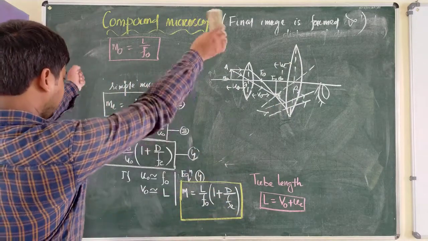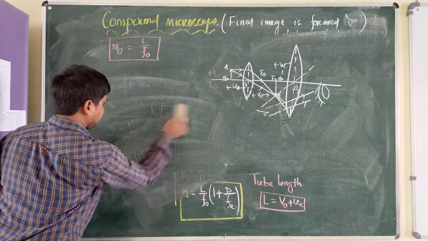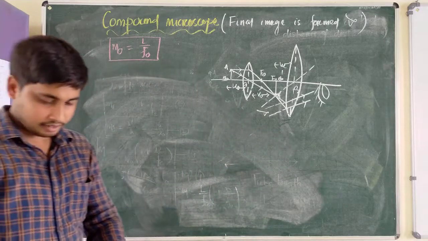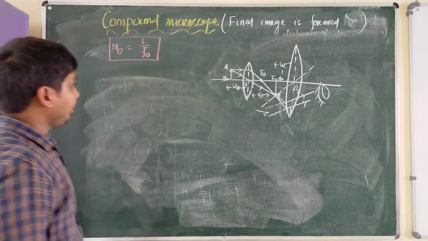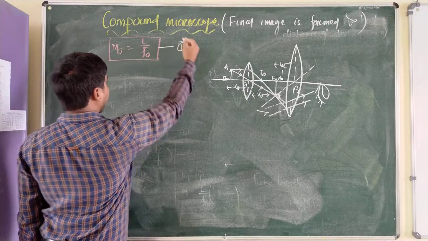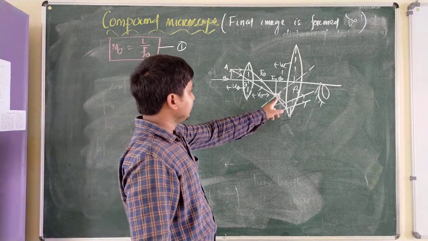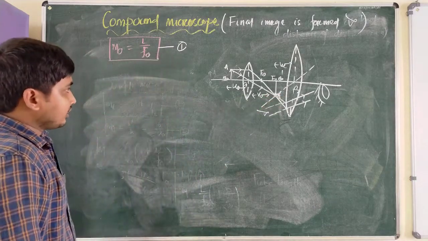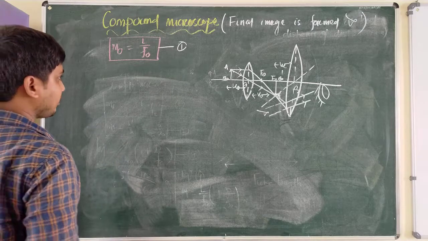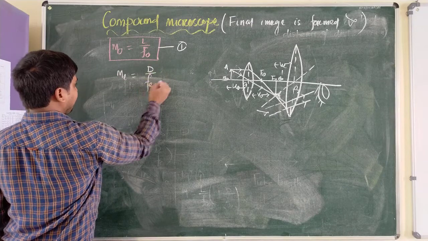Let us now go for the magnification. You can see that I have no need to calculate again. Already I have written the magnification for the objective, M is equal to L by F0. Already we have derived it. Now in this case, this is also the case of the simple microscope where the final image is formed at infinity. The same case, and in this case the magnification of the eyepiece, ME, is given by D by FE.